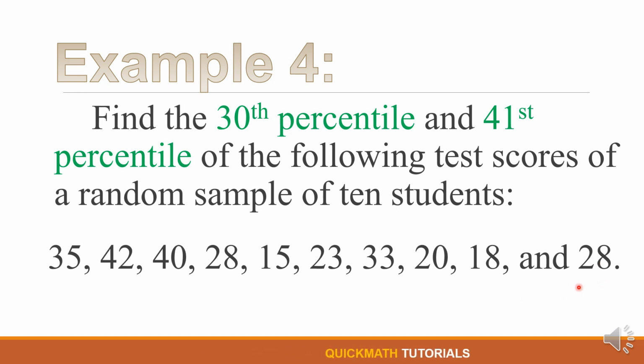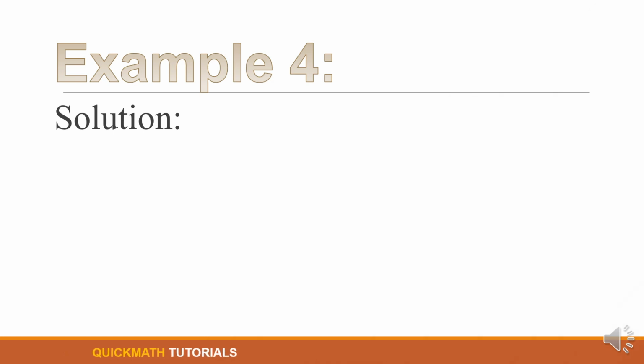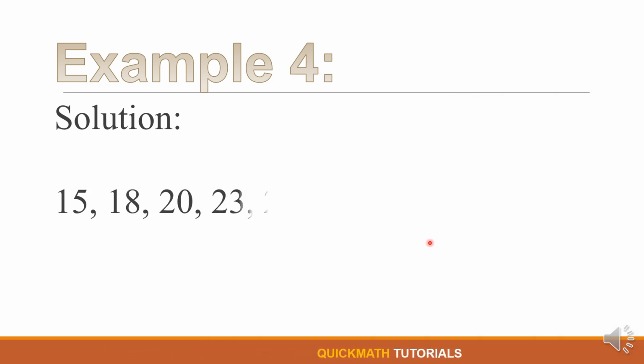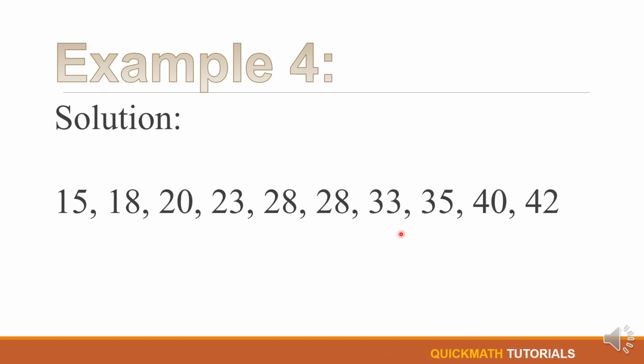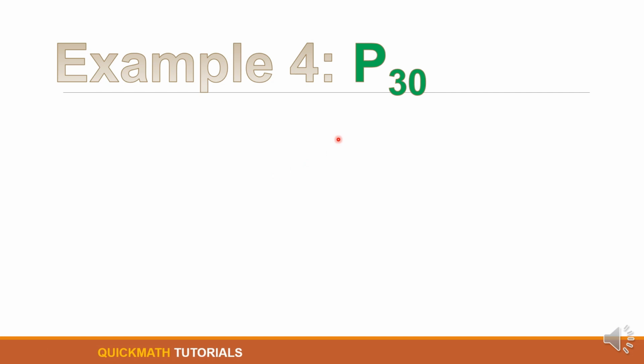So this time, we will solve for the percentile. For our solution, first we will arrange the data in ascending order. And we will identify our n. So our n is equal to 10 since we have 1, 2, 3, 4, 5, 6, 7, 8, 9, and 10. Let's first compute for our p sub 30.